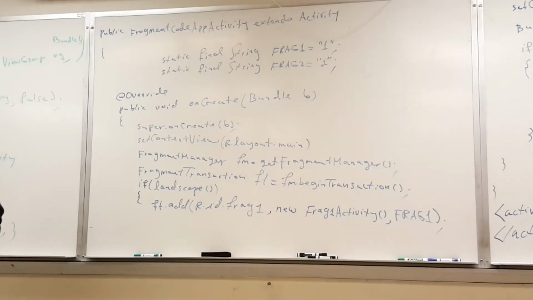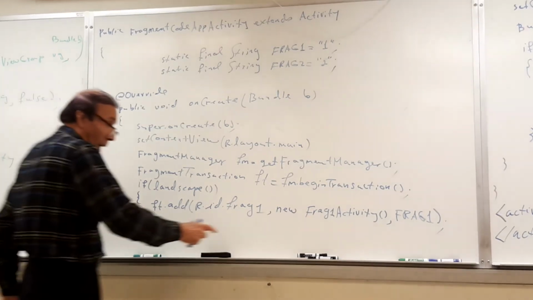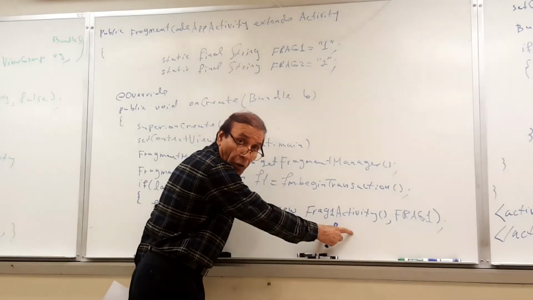Is that ID, R.id.frag1, shouldn't that be the ID of the placeholder? The ID of the placeholder. Yes, it was defined as fragment1 in the XML. And this is the name of our Java code.